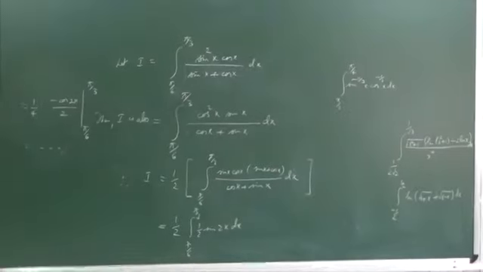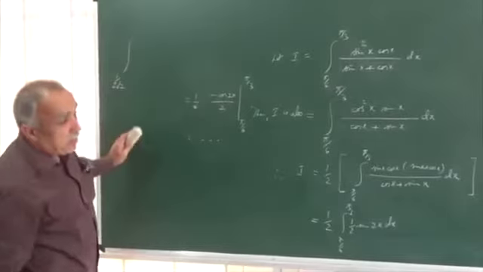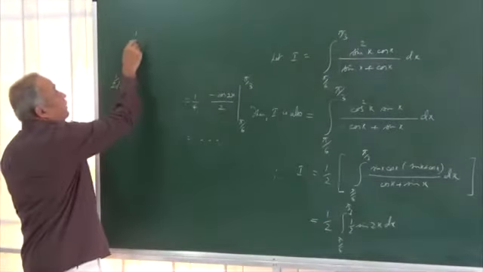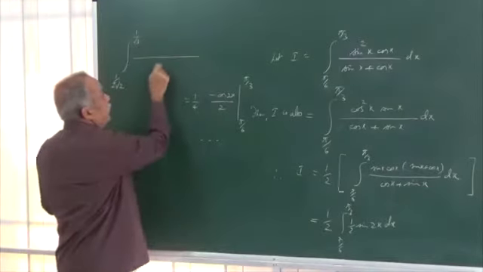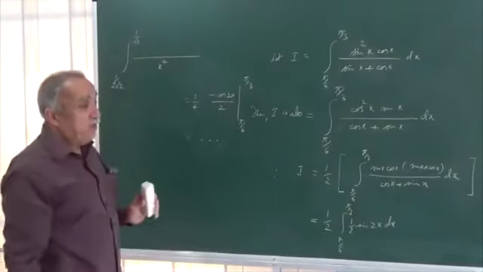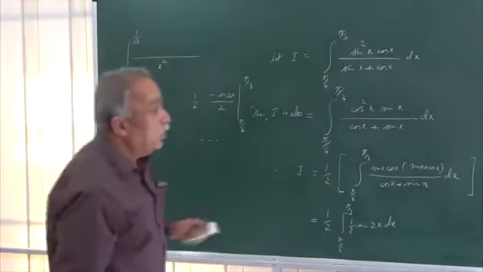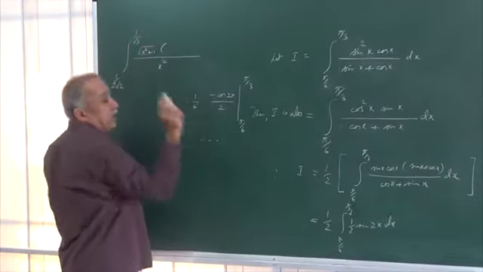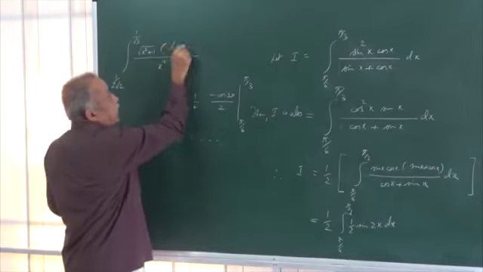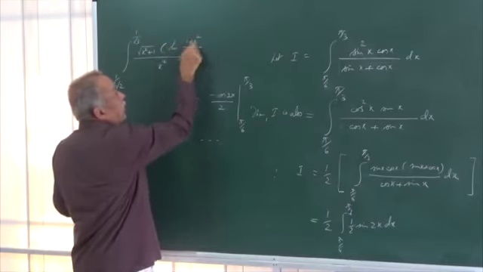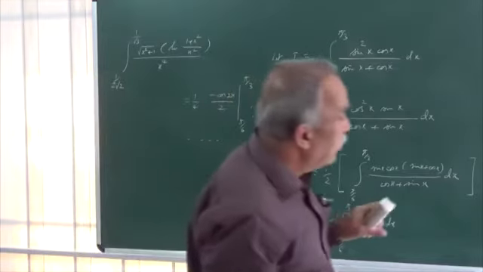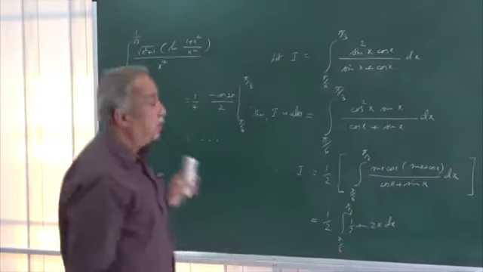The function to be integrated is a fraction with denominator x power 4, numerator root x square plus 1 into, simplifying the expression inside, log of 1 plus x square by x square. Is it right? 1 plus x square by x square, correct.